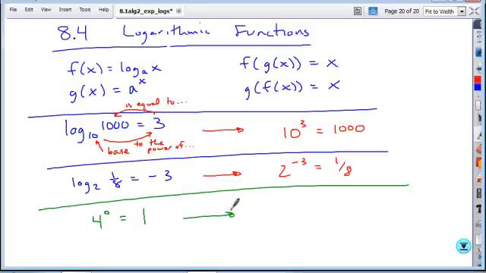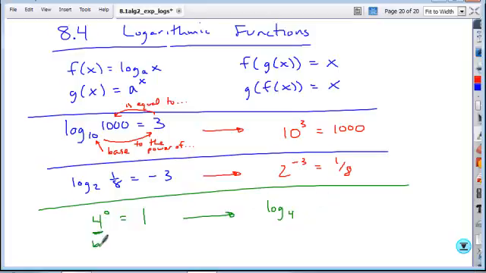The base of your exponent is the base of your log. So you'll say log base what? 4. The base of your exponent is the base of your log. And then what goes inside?